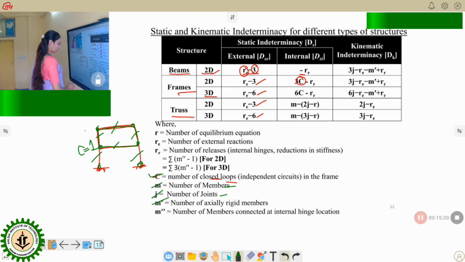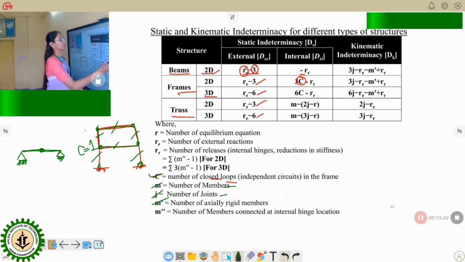Number of axially rigid members, this 1, 2, 3, 4, 5, 6, or in a beam we can simply say, if there is an internal hinge, this is one axially rigid member. Number of members connected at an internal hinge: if there is a hinge internally, how many members are connected? Here, here.